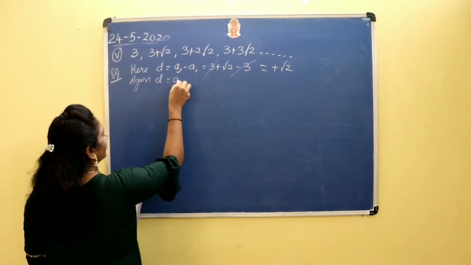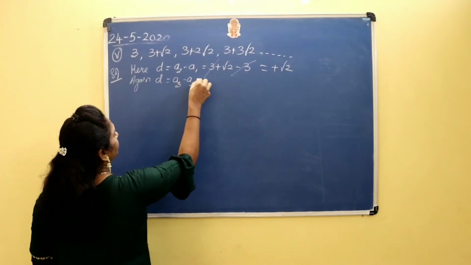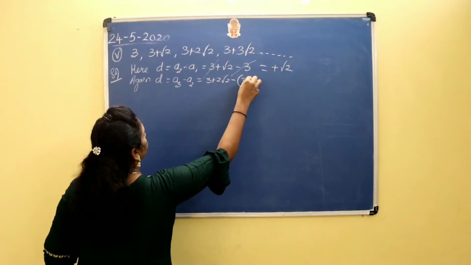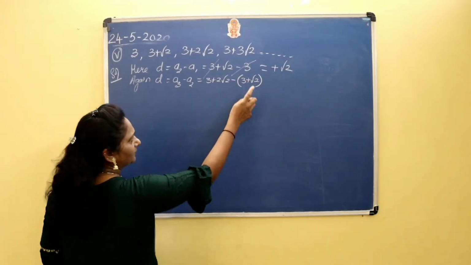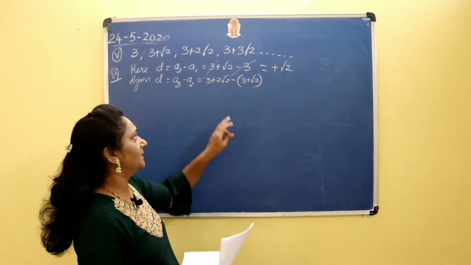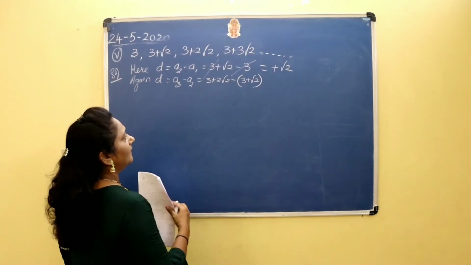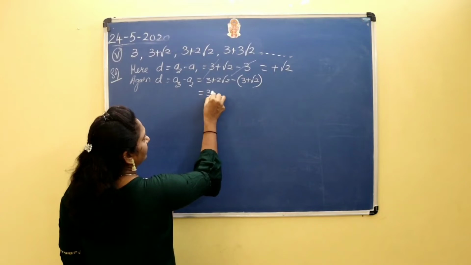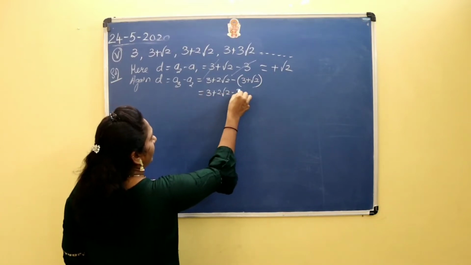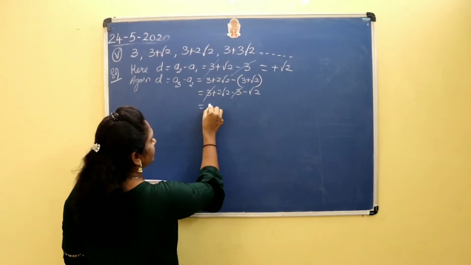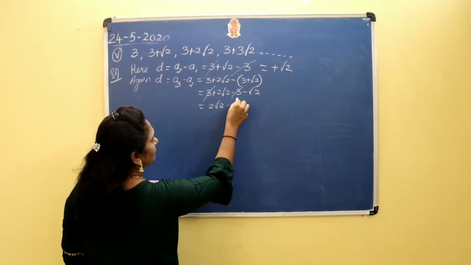Similarly, D is equal to A3 minus A2. 3 plus 2 root 2 minus 3 plus root 2. Whenever a binomial comes and a subtraction sign comes, put the subtraction sign and take the binomial in a bracket. 3 plus 2 root 2 minus 3 minus root 2, plus 3 minus 3 gets cancelled. 2 root 2 minus root 2.